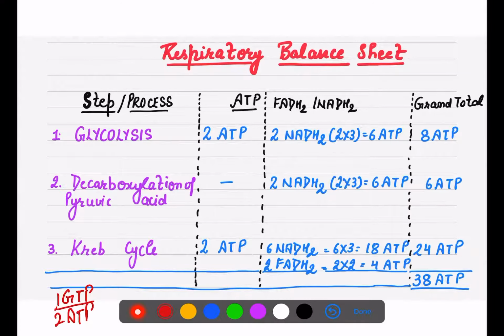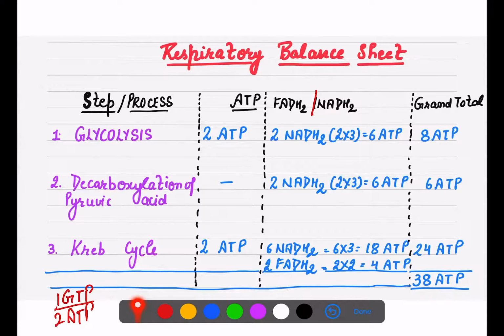If we talk about FADH2 and NADH2, then in glycolysis the NADH2 produced were 2, right? 1 NADH2 is equal to 3 ATP, so 2 times 3 is 6. In pyruvic acid also, 1 pyruvic acid was giving us 1 NADH2, but we have to talk about 2 pyruvic acid, so 2 NADH2, again 6 ATP.